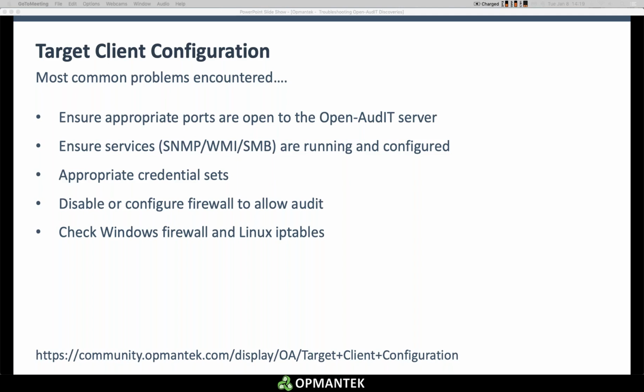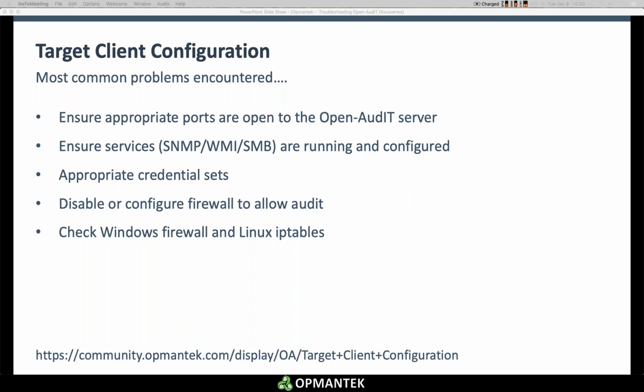You'll need to disable or configure local firewalls to allow the audit, and you of course need to check Windows firewall and Linux iptables, again to allow communication to and from that machine. User Account Control and DCOM setup on the Windows machines. It's all covered in detail on the target client configuration wiki page.